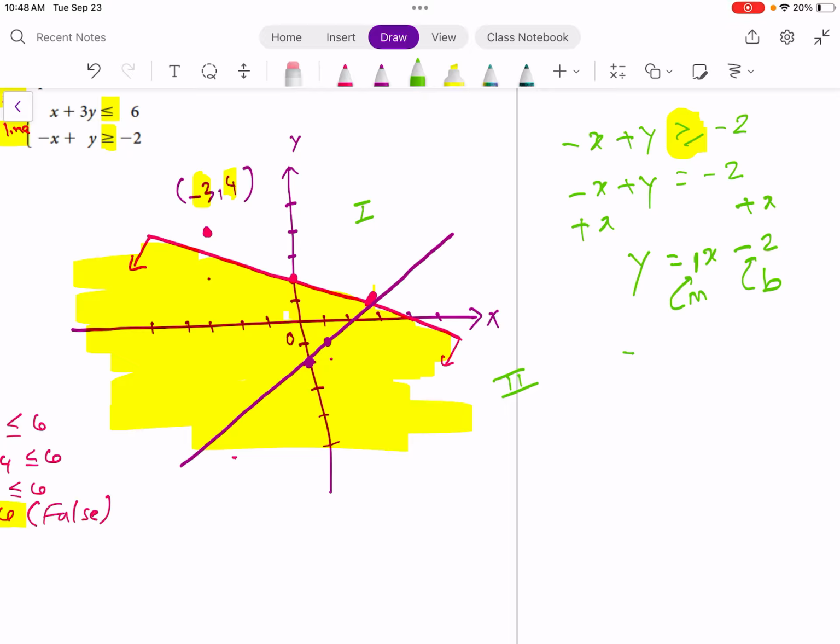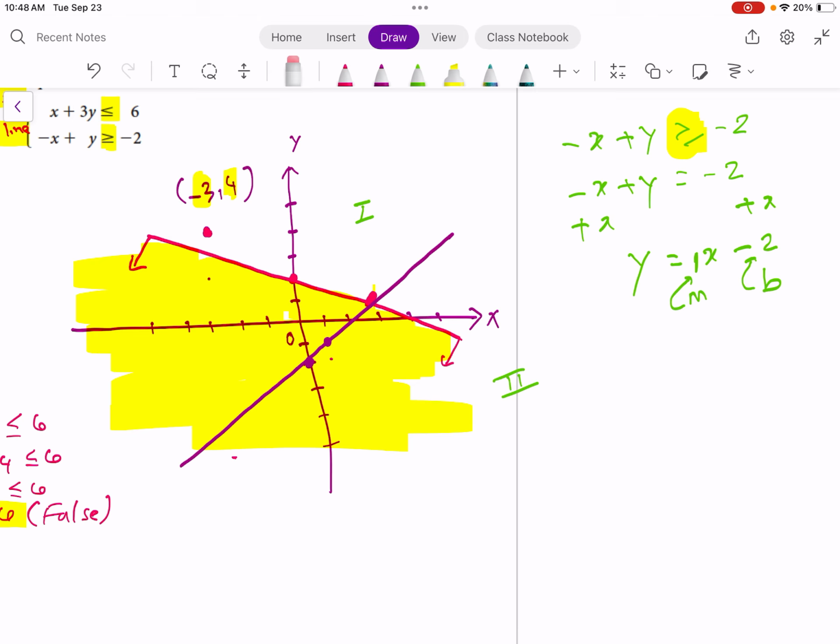So negative 2, 0. Can anyone just rephrase what that is? Okay, we can talk about that after class. I'm not sure what you're asking, but let me help with that after class.